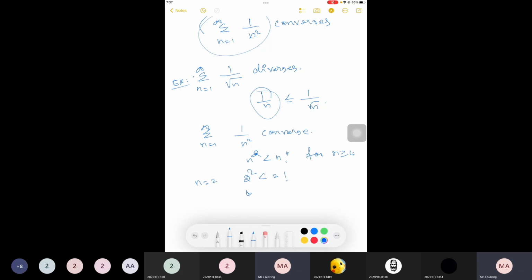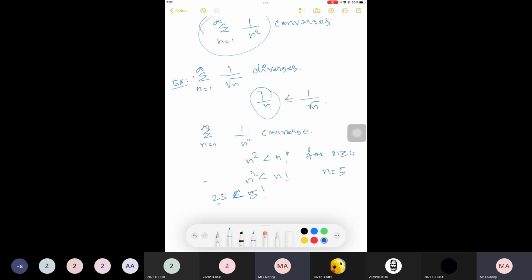If you choose n equal to 5, then 25 is less than 5 factorial, which is a bigger value than 25. Therefore it converges. That is a small explanation of the comparison test.